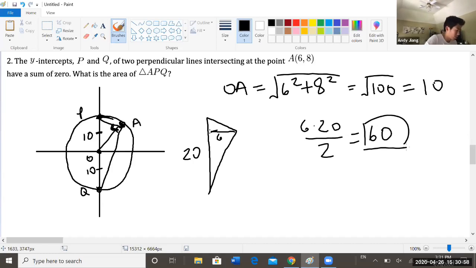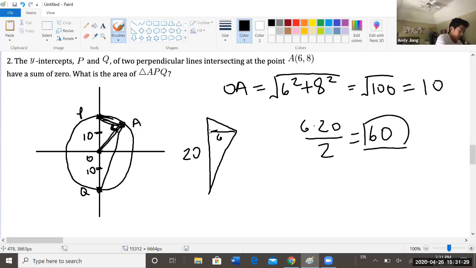Okay, so I'll go through the process one more time because this was kind of tricky to see. I have P and Q down here, and they're equidistant from O, the origin, and A is at 6, 8. And since APQ is a right triangle, I know that they all lie on a circle with center at O. So the distance between O and A is the square root of 6 squared plus 8 squared, and that's 10.